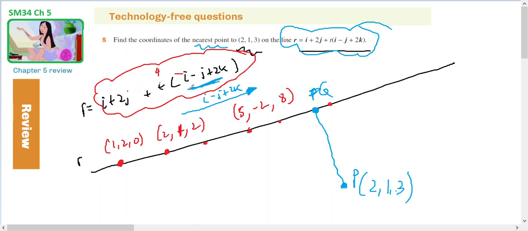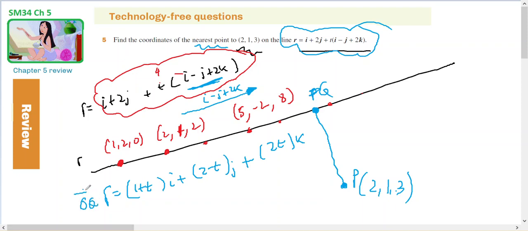And if I was to rewrite this in r equals, in the i plus in the j plus in the k, it's going to be 1 plus t, 2 minus t, and 0 plus 2t. And this describes all the coordinates Q. So I could call that OQ.